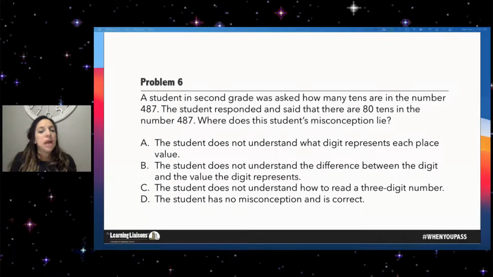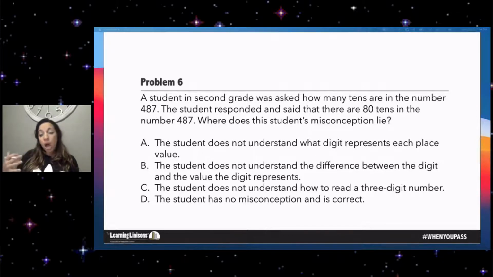The student does not understand what digit represents each place value. The student does not understand the difference between the digit and the value the digit represents. The student does not understand how to read a 3-digit number. The student has no misconception and is correct.